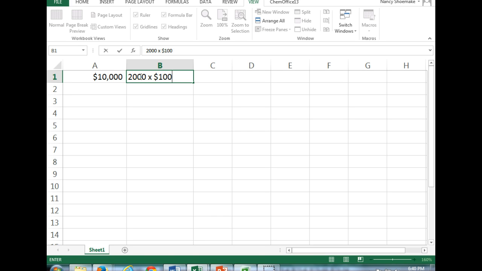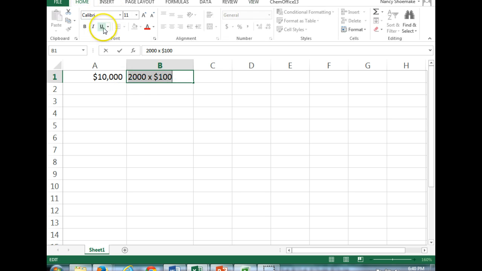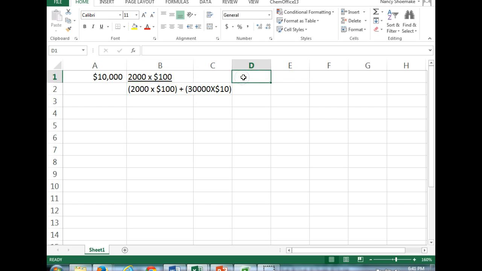And what we're going to do is divide that by the 2,000 times $100 a share plus 30,000 times $10 a share, because those are our preferred shares and those are our common shares. It's participating. That's why we're doing this.